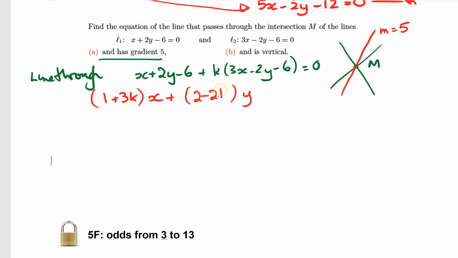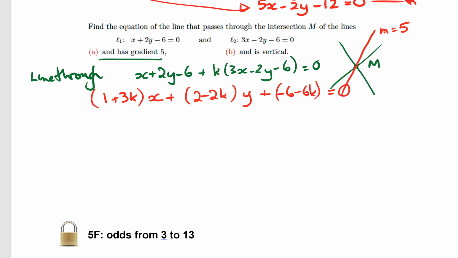So 2 minus 2k. And we could have some constants. So I've got minus 6 and minus 6k. So minus 6 minus 6k is the constant bit, and that would equal 0. So all I've done is rearrange this one and put it into standard form, ax plus by plus c equals 0.